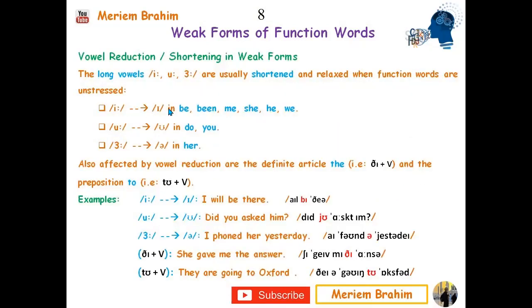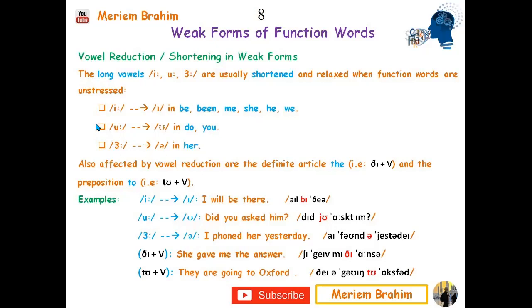We move to another process, which is called vowel reduction or shortening in weak forms. We reduce the vowel, or we shorten it, in weak forms. The long vowels, ee, oo, and er are usually shortened and relaxed when function words are unstressed.